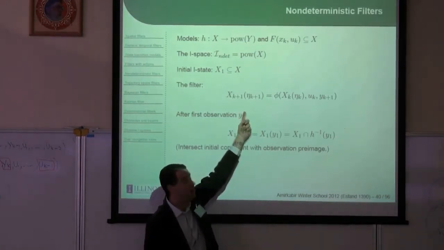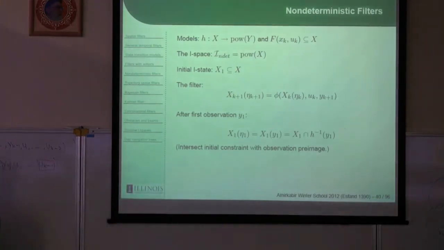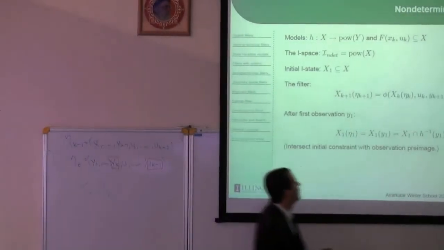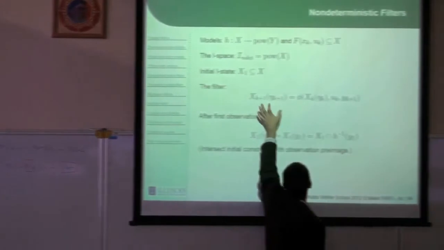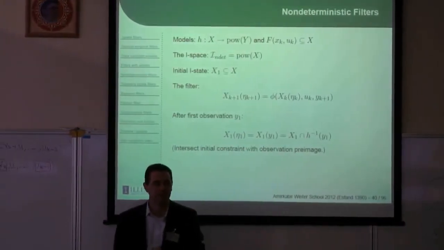Is that okay? The only difference between eta k and eta k plus 1 is the addition of these two pieces of information in the next step. So just taking into account these new pieces of information, I have to figure out this set. Any questions about that? Is that okay what I'm describing here?